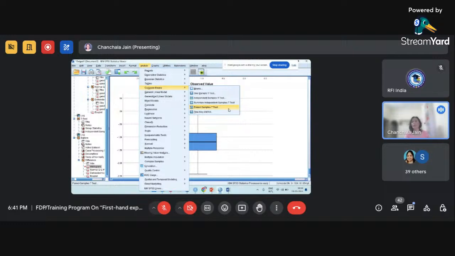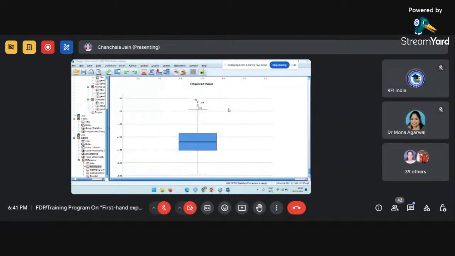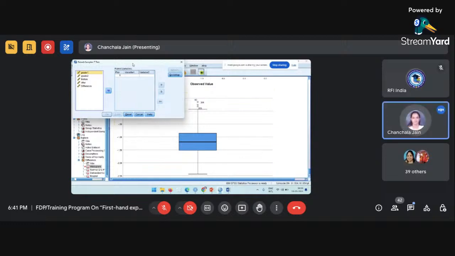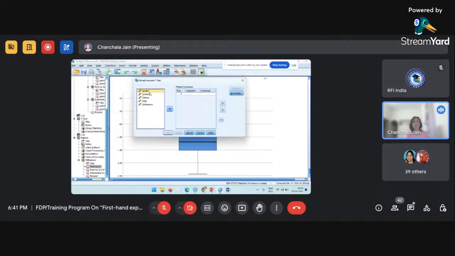May I click on this? Yes, ma'am. So a small box is coming. Here you can shift grade 1 into variable 1, grade 2 into variable 2, like this. If you want to perform 2 or 3 hypotheses, or more than one combination of variables in the same dialog box, you can enter them that way, right?